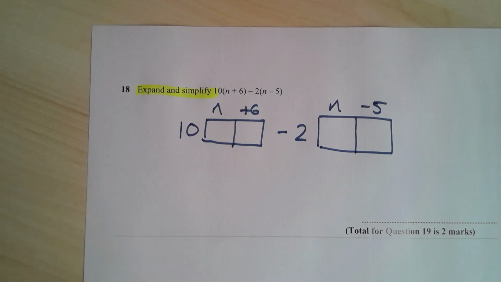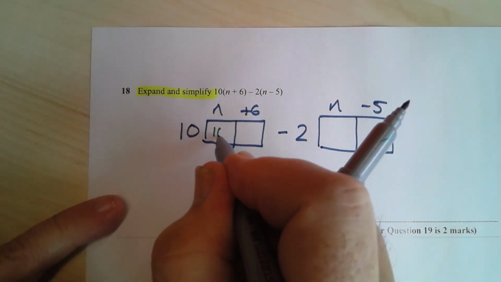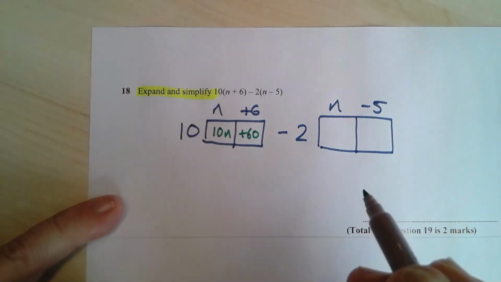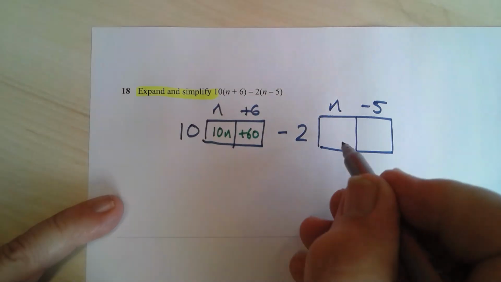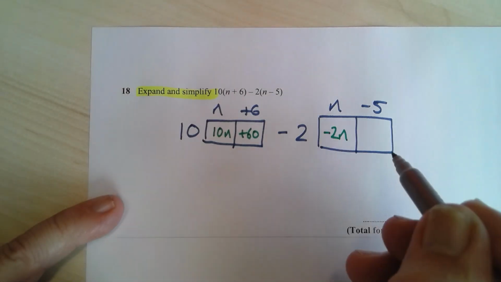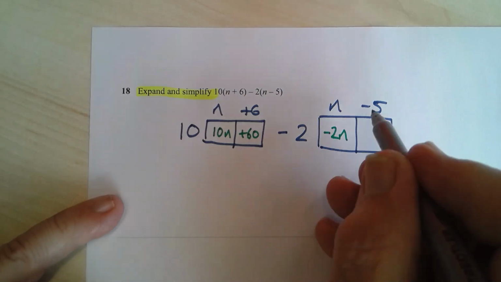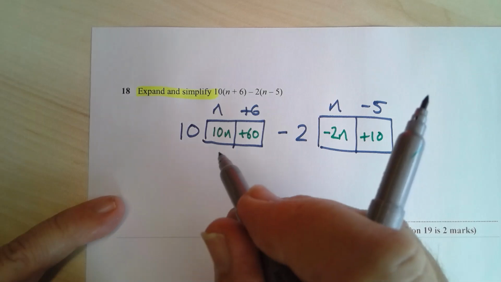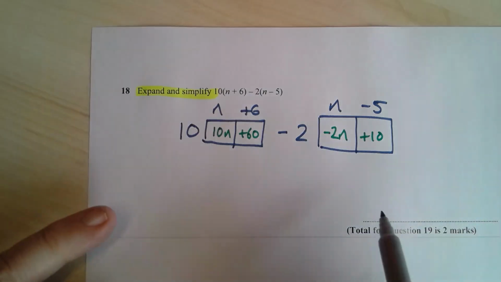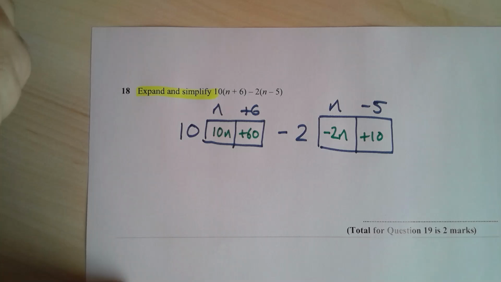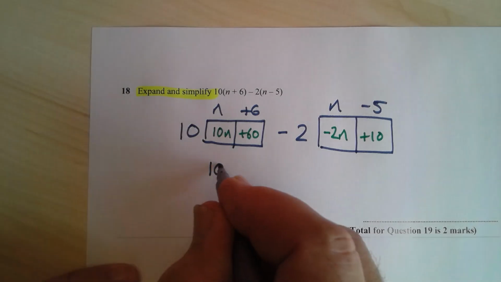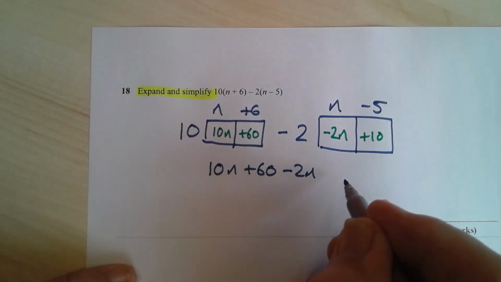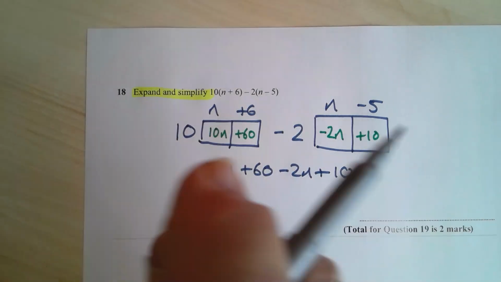Right, 10 times n is 10n. 10 times plus 6 is plus 60. Negative 2 times n is negative 2n. And negative 2 times negative 5 is plus 10, because a negative number multiplied by a negative number, I get a positive answer. So now I've got 10n plus 60 minus 2n plus 10.